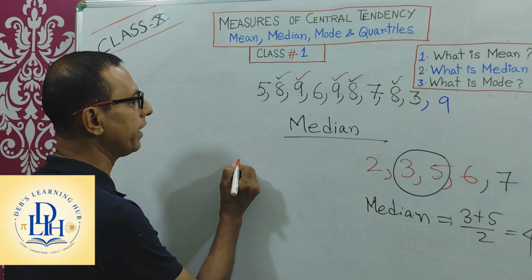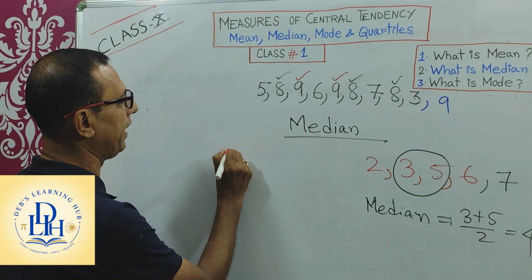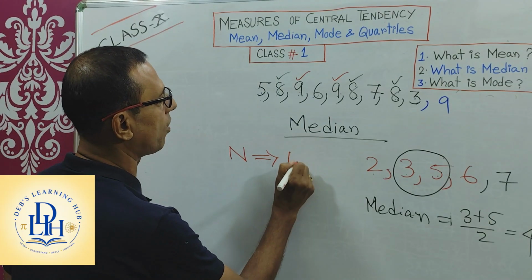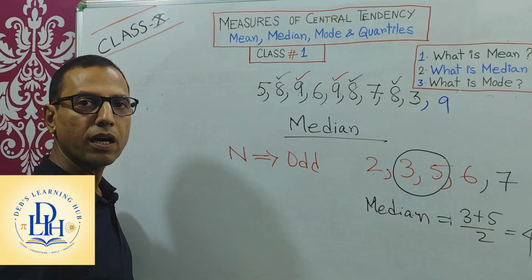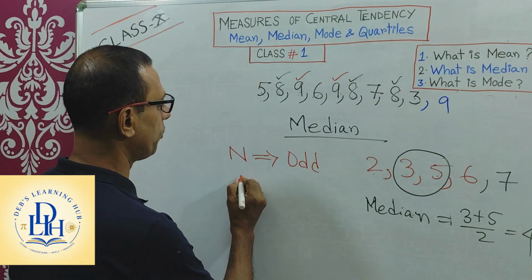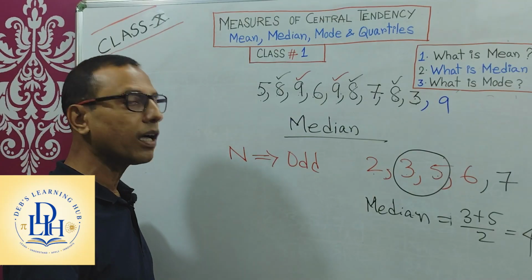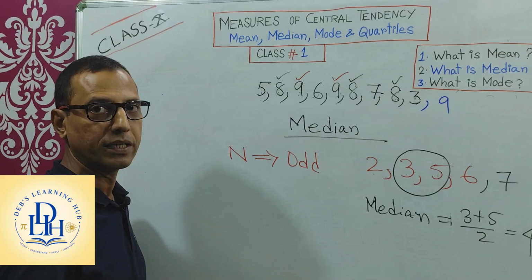So the formula: if the total number of observations is n, and n is an odd number, which will be the middle term? You need to find the position first, then the respective observation value can be found, and that will be the median.